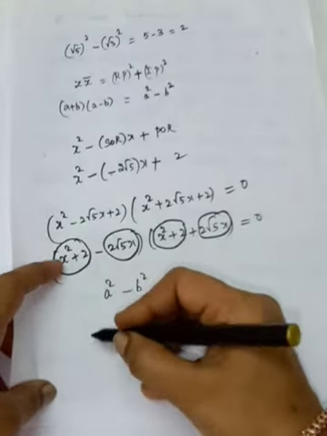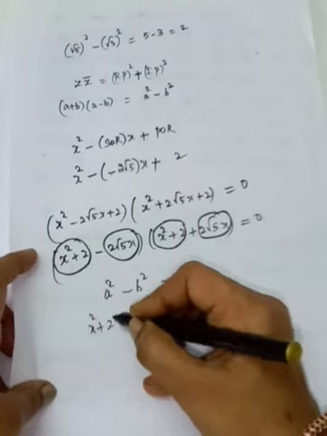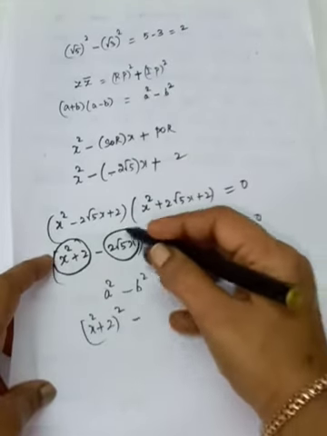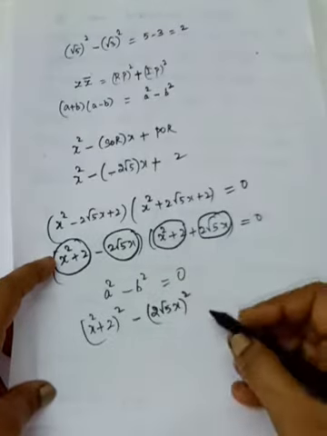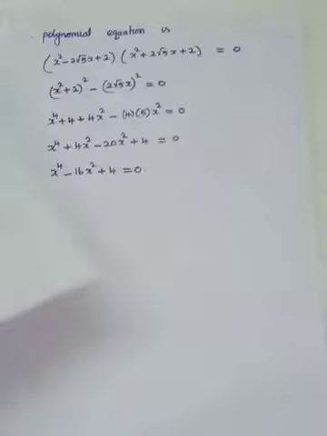What is a? In the place of a you are having x squared plus 2 the whole square, minus in the place of b you are having 2 root 5x the whole square is equal to 0. So that's why I have written here x squared plus 2 the whole square minus 2 root 5x the whole square is equal to 0.